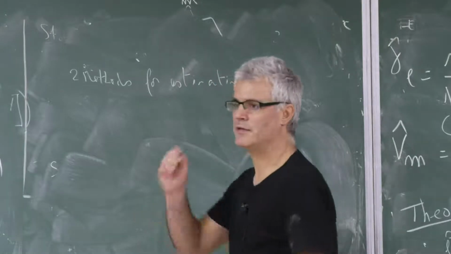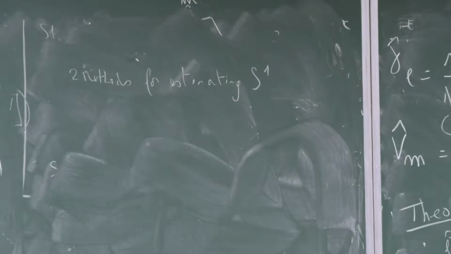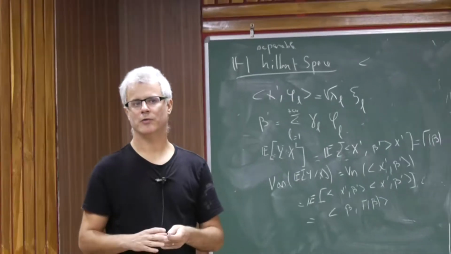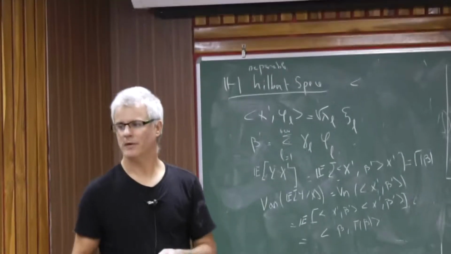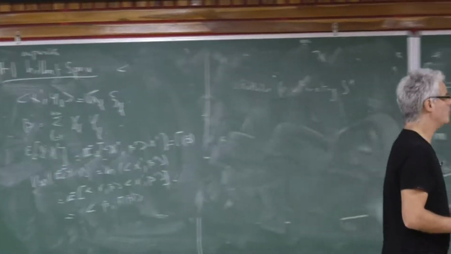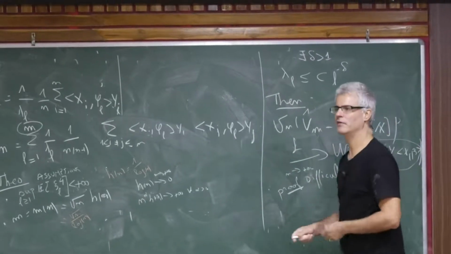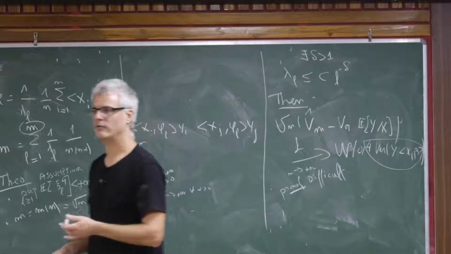So which one is the better one? In general, there is no answer to this question. We can build examples where the pick and freeze method will be better than this method, and other examples where the kernel of the decomposition will lead to a better estimate. What's the meaning of a better estimate? They both have the same rate of convergence, so we can say that one method is better than the other one if the limiting variance we have here is smaller for one method than for the other one.